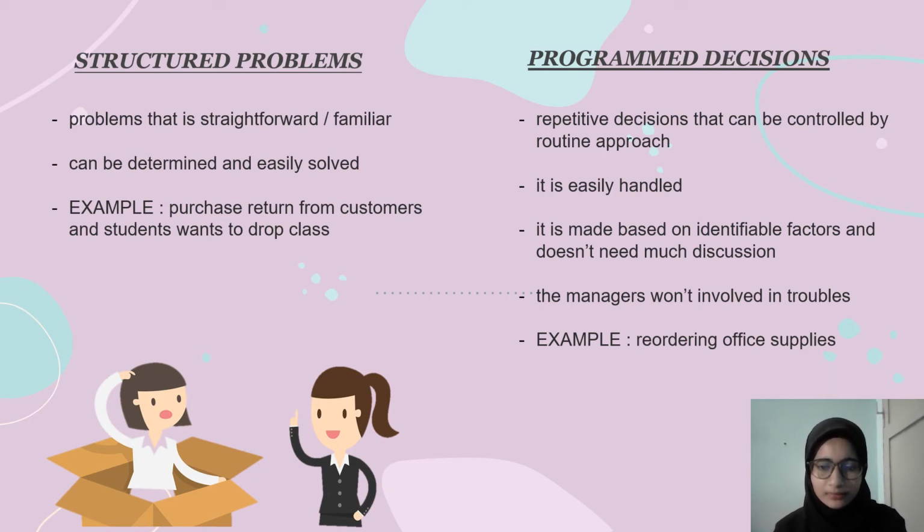Program decision can be defined as a repetitive decision that can be controlled by a routine approach. The manager does not have to go to the trouble and expense of following an involved decision process, because the problem is structured, which means it is easy to solve. For example, reordering office supplies and so on. There are so many examples, as with structured problems.